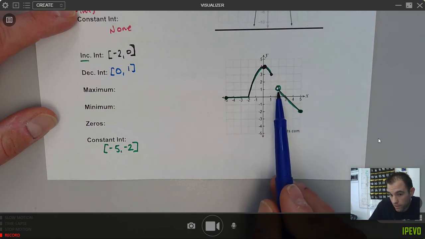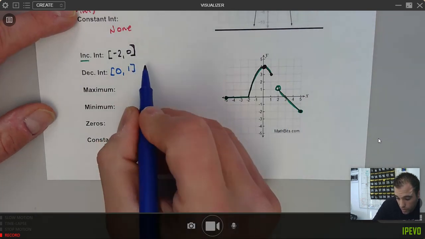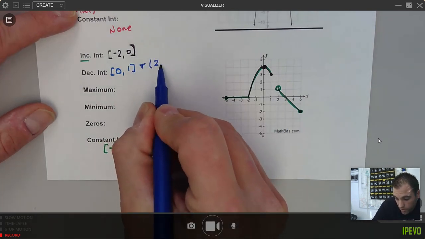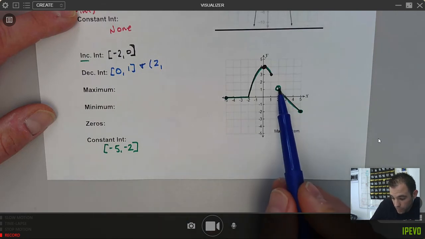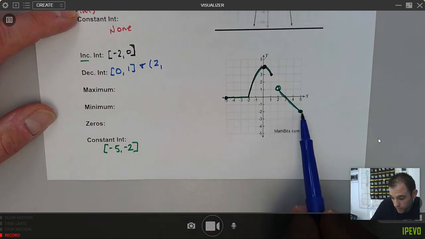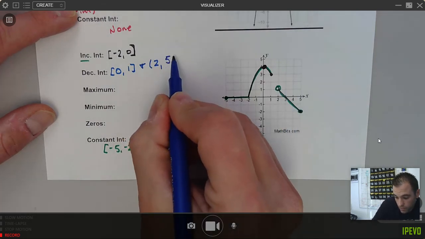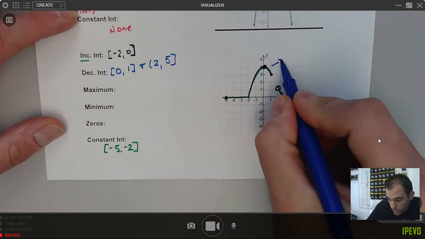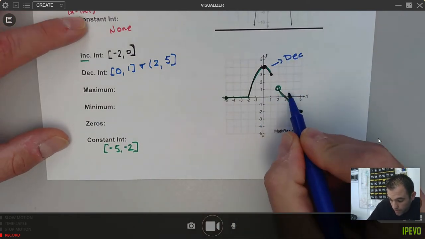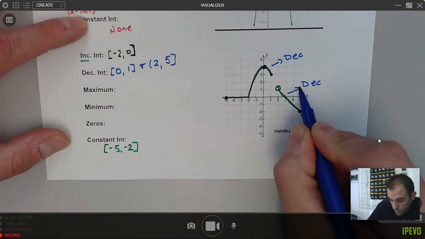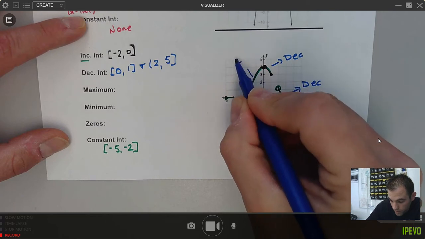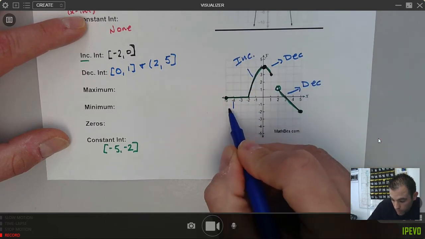Then it picks back up here at 2. Notice that the 2 is an open circle, so that 2 gets a parenthesis because it's open, and it keeps going down until we get to 5. So this piece is decreasing, and this piece is decreasing. This piece is increasing, and this part is constant.